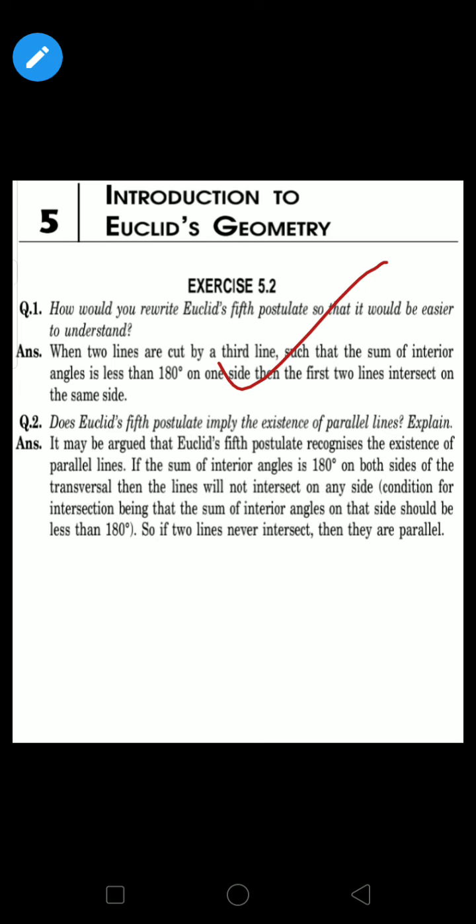The condition for intersection is that the sum of interior angles on that side should be less than 180 degrees. So if two lines never intersect, then they are parallel. If there are two lines, and when you extend them up to infinity they do not intersect each other, these are parallel lines.